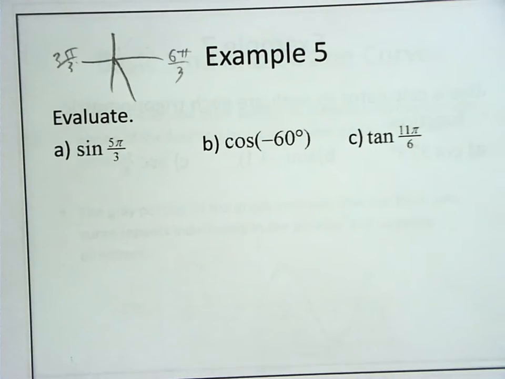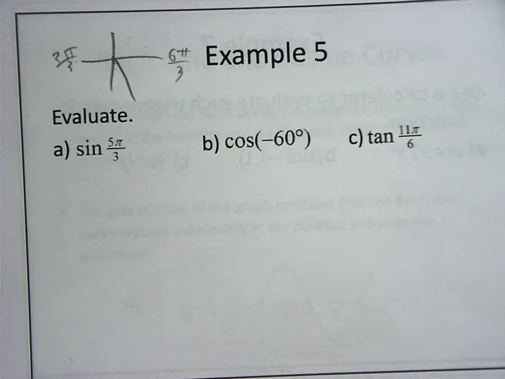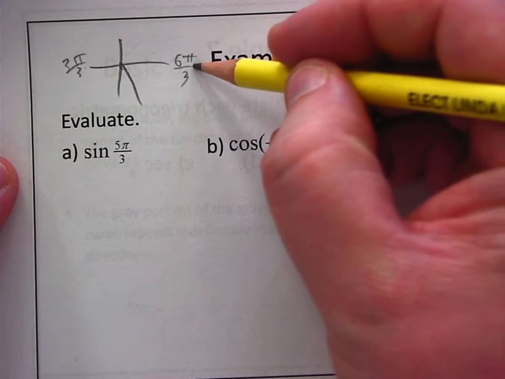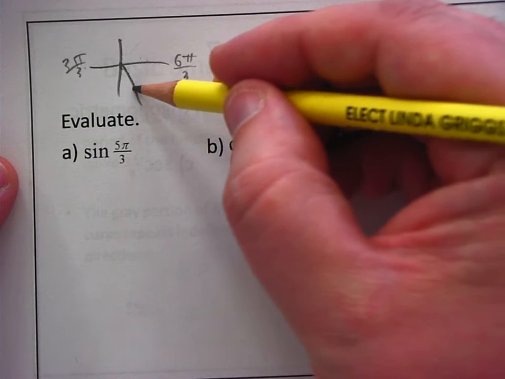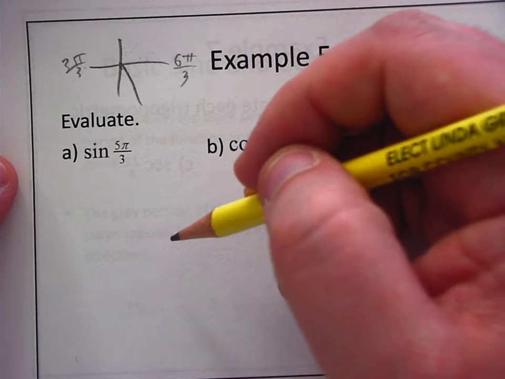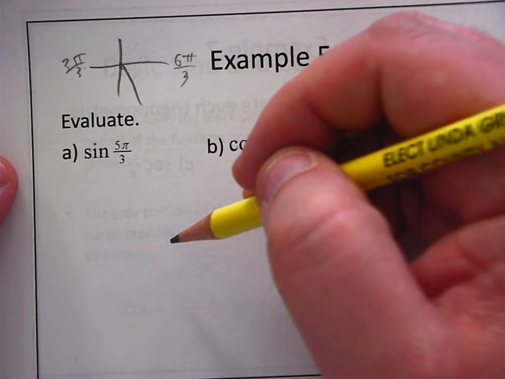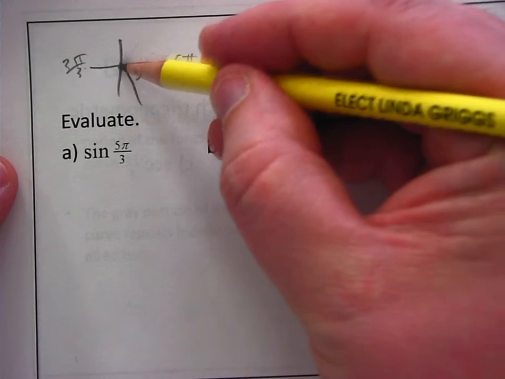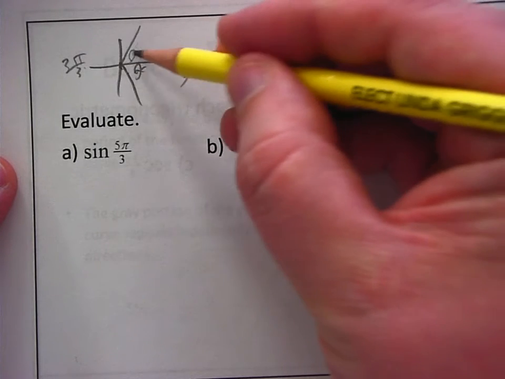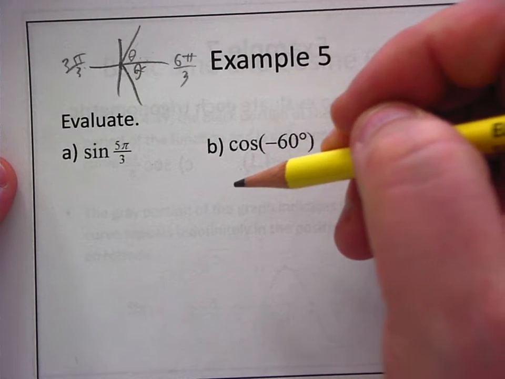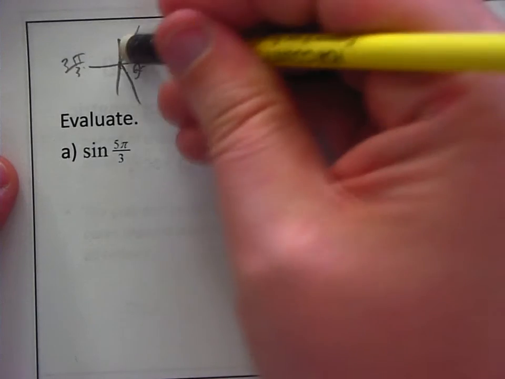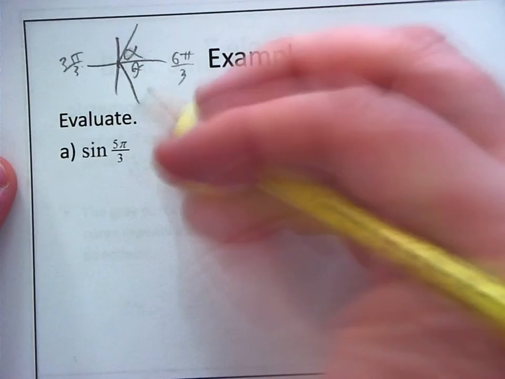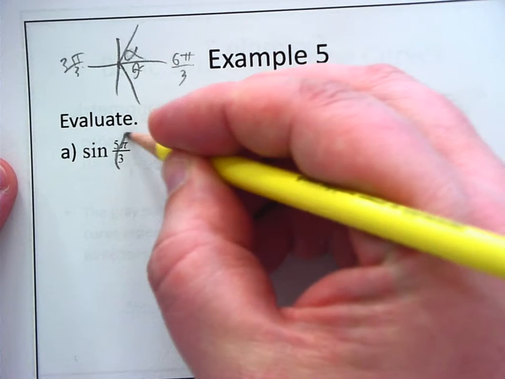Okay? Now the reference angle for radians, I would take 2 pi or 6 pi over 3 minus that 5 pi over 3, leaving you with what? Pi over 3. Your reference angle here is equal to this up here. I probably shouldn't use theta for that, but you get the idea. This will work for any of these radians that are on the unit circle.